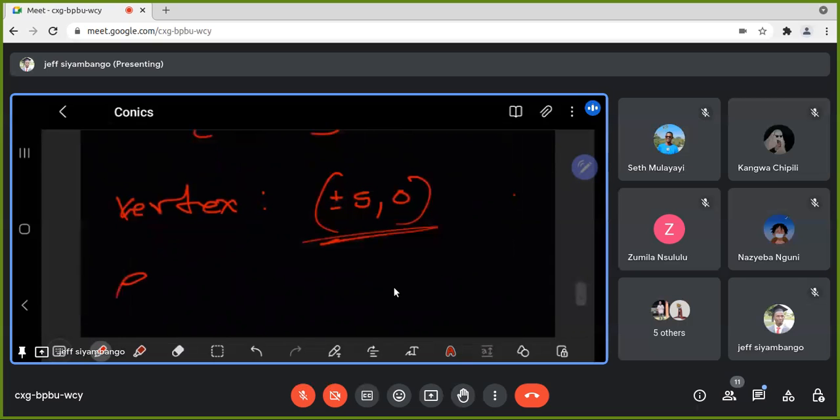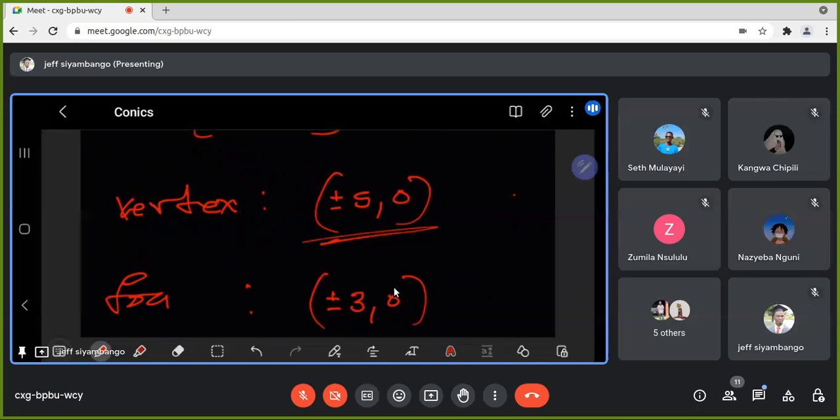And then for the foci, again, it's also along the x-axis. So the y value there is 0. I'll use this shorthand. We know it's 3 units to the right, 3 units to the left. So we have plus and -3, then 0. This tells us where the focus is.